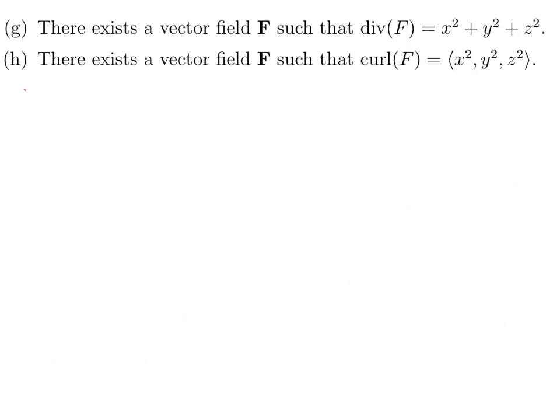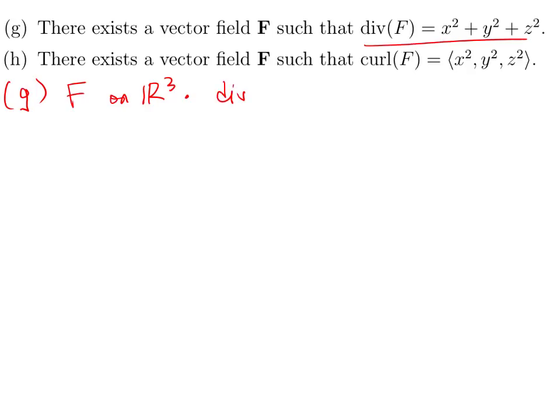Okay, two more questions on divergence and curl. There exists a vector field F so that the divergence is equal to x squared plus y squared plus z squared. So since the divergence is a function of three variables, we assume the vector field on R3. And again, let's just write down what the quantities mean.